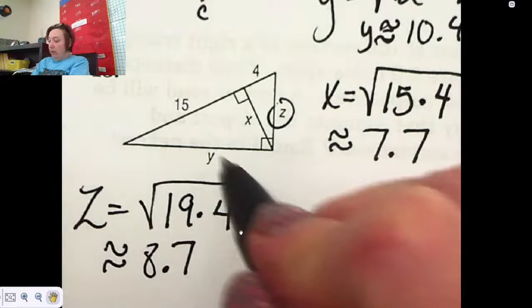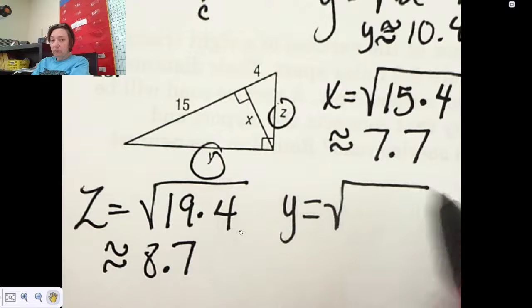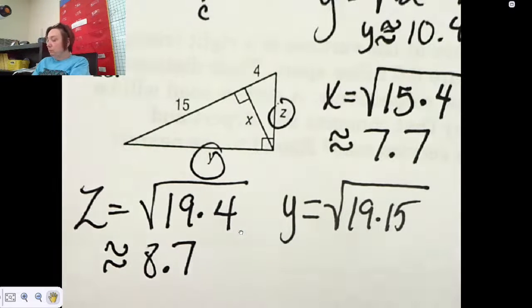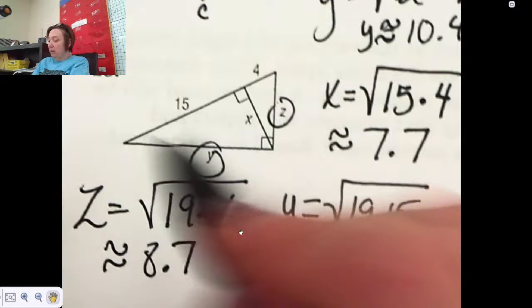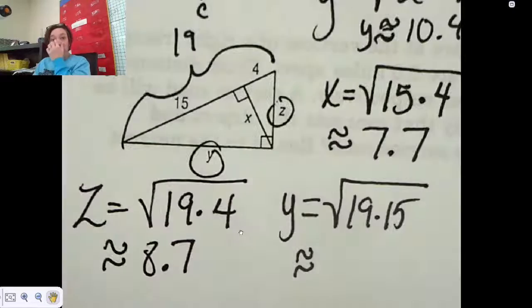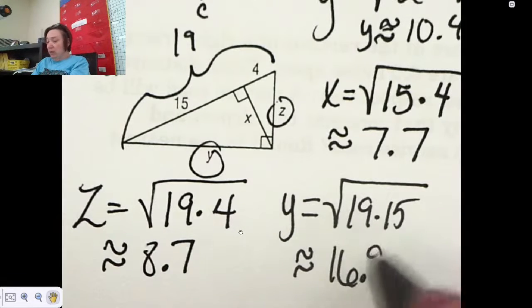And then what if we want to find y? 19 and 15. Because those added together are 19. 16.9.